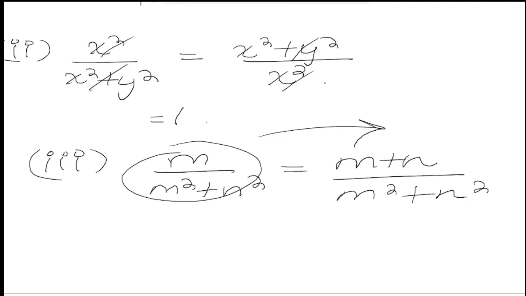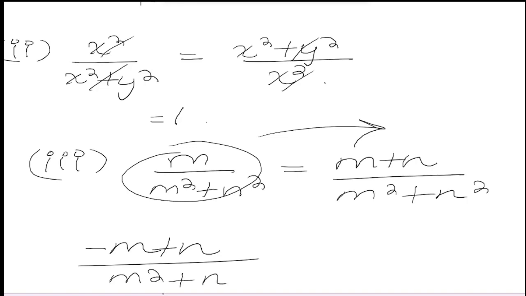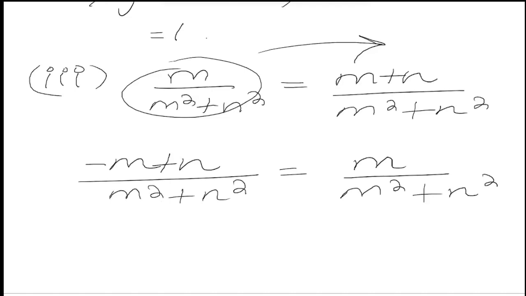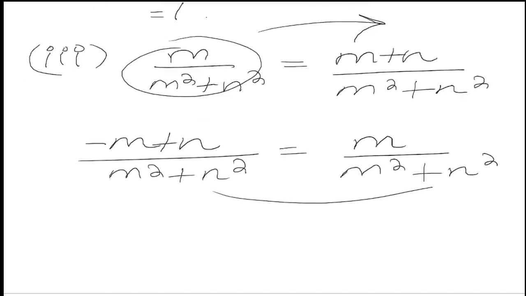Here we have this. If we basically bring this to the left side, it will be converted to minus. So that means we can write minus m plus n over m square plus n square, and that is equal to this same expression, which is m over m square plus n square. As the denominators are the same, they will just remain the same, and the sign will be changed.